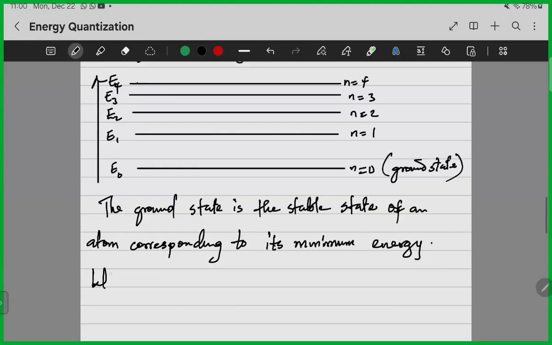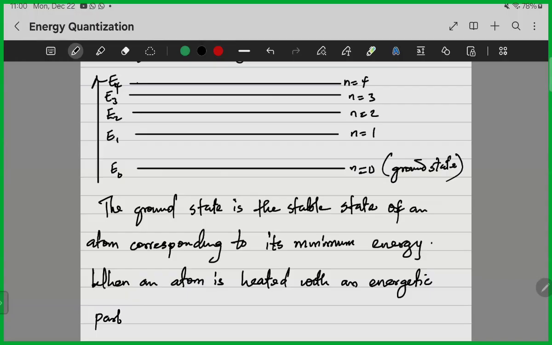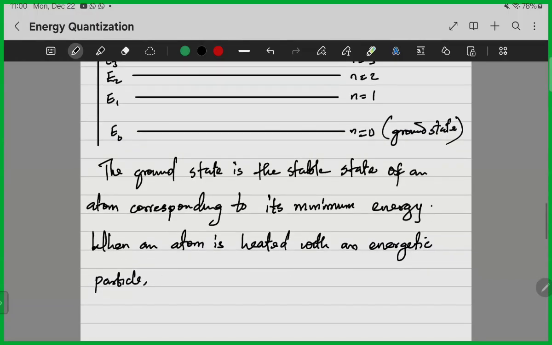When an atom is heated or struck with an energetic particle, the atom is excited.